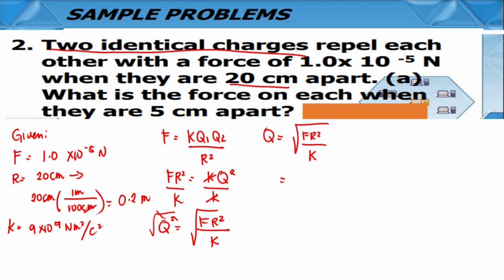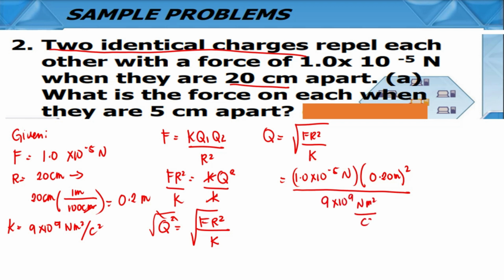We have here 1.0 times 10 raised to negative 5 newtons multiplied by our R, which is 0.20 meters squared, divided by the constant of proportionality, which is 9 times 10 raised to 9 Newton meters squared per coulomb squared.